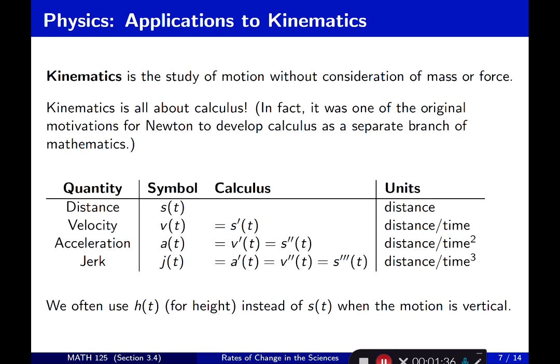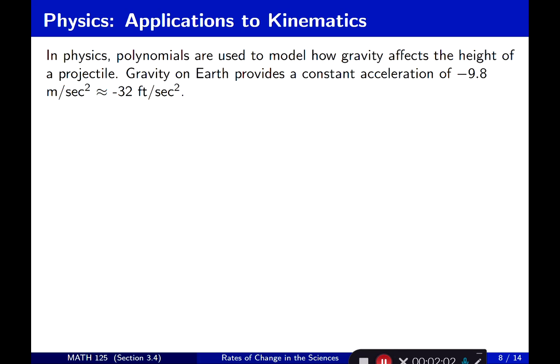And the units are: if distance is the distance, then velocity is distance per unit of time, acceleration is distance per unit of time squared, and jerk is distance per unit of time to the power 3. We often use h of t for height instead of s of t when the motion is vertical. And we go to a question.